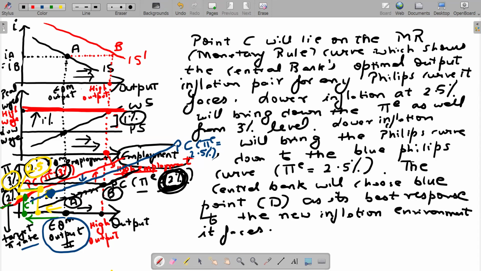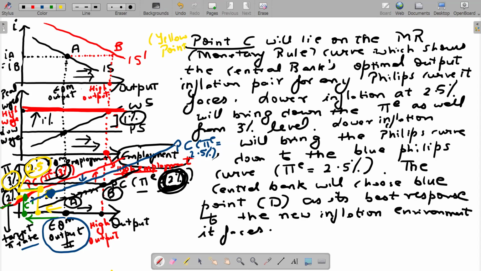On the red Phillips curve, it was choosing the yellow point. The yellow point was point C. I can write it here.